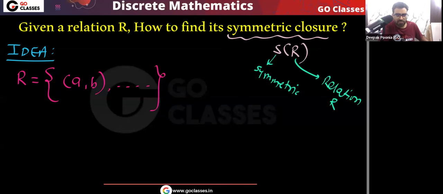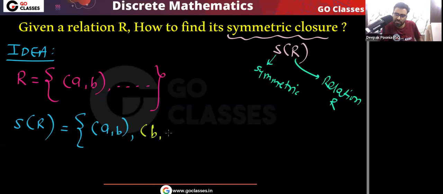So, if we have this relation R which has this ordered pair AB, then to find the symmetric closure, what we will do? Very good. We will add BA. If AB is there, we will add BA.